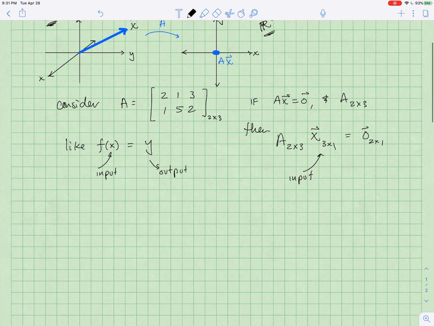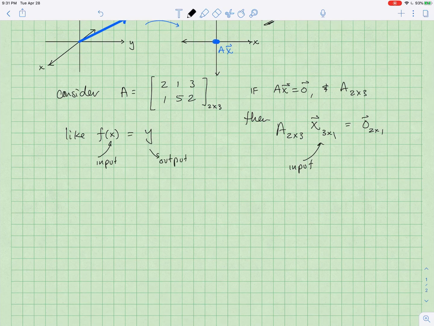It's not the same thing exactly, but the analogy holds. Here our input is an element of R3, and our output is an element of R2. So it's taking three-dimensional vectors and mapping them to two-dimensional vectors.